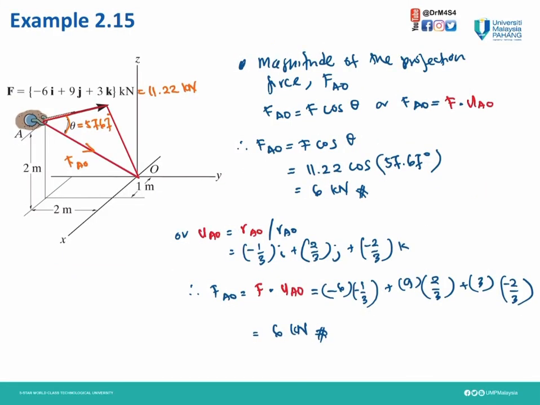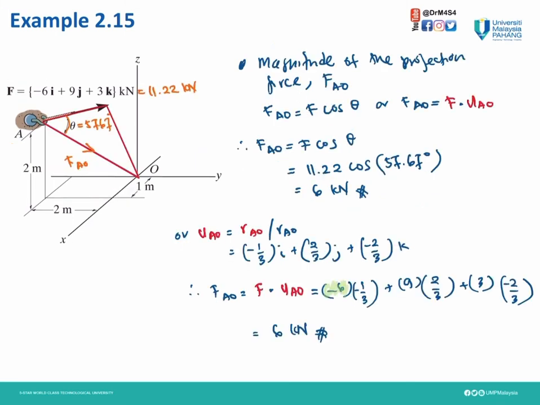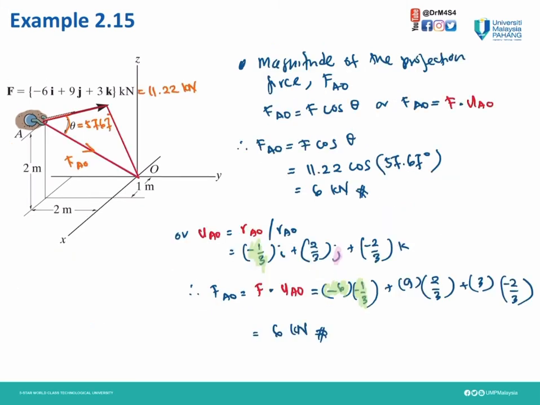So we get our UAO. Then we can find the magnitude of the projection force FAO, F dot UAO. The value of F on I, negative 6, times negative 1/3. Then on J, 9 times 2 divided by 3.